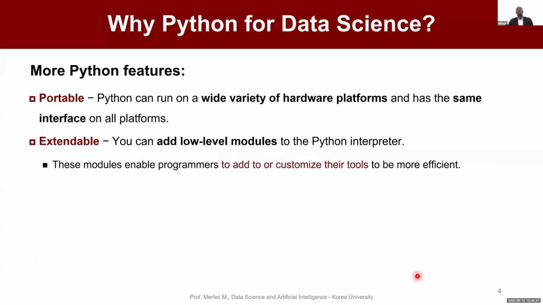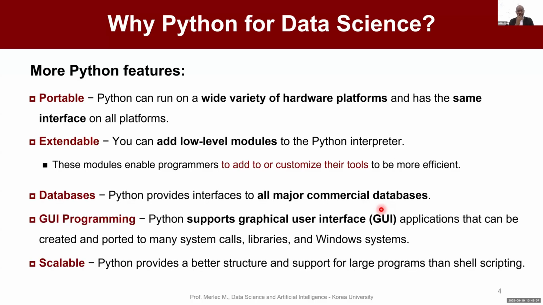Another feature of Python is its wide support of many hardware platforms, and it provides the same interfaces for all the platforms. It's also extensible, which means it gives you the possibility of adding low-level modules to the Python interpreter in order to improve its efficiency or add customized functionalities. That's why Python is very interesting.